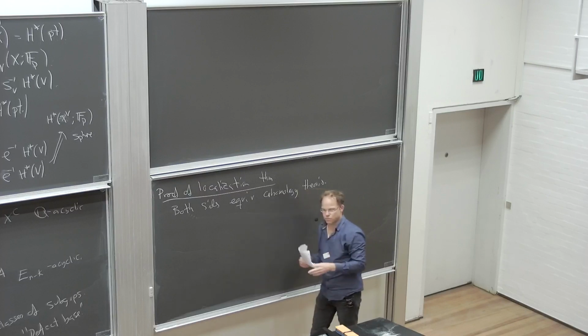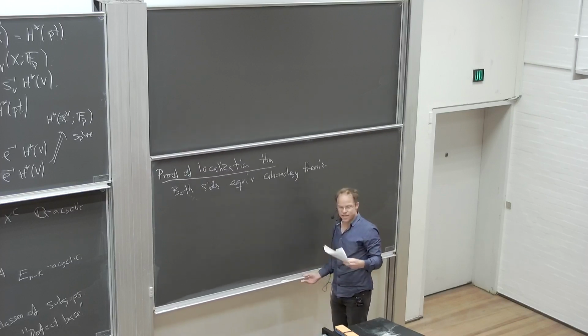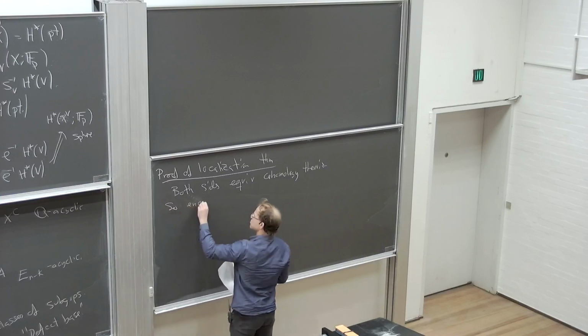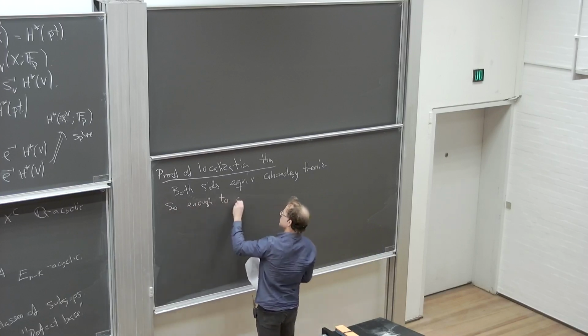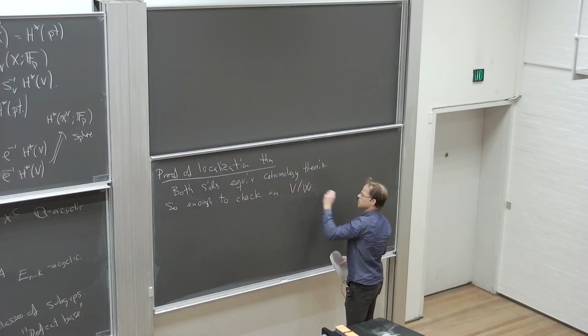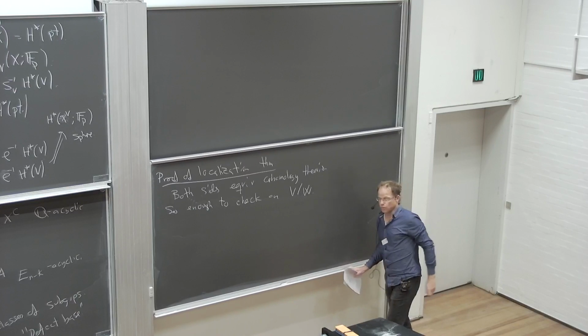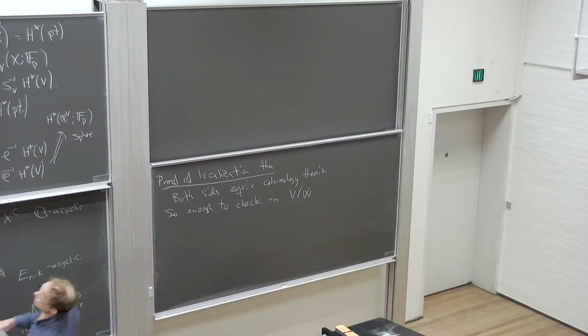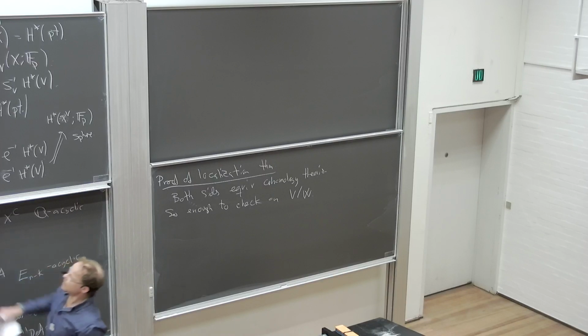So just from general nonsense, it's enough to check this on the generators V modulo W, but what does it say in that case?